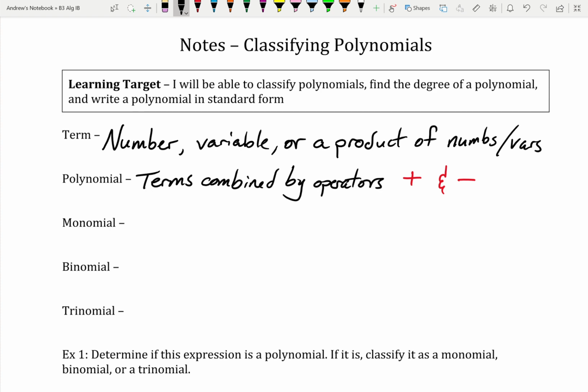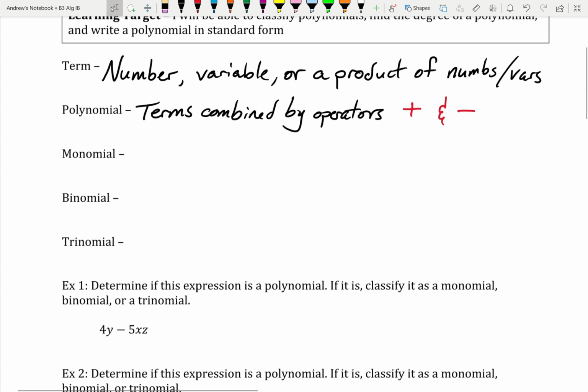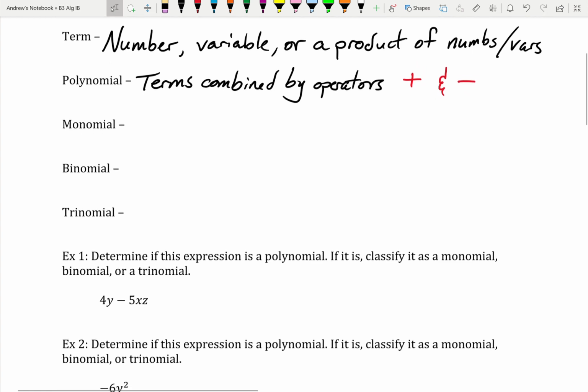We've also got a couple different names that we might call these things. All of the things we're going to talk about down here are different types of polynomials, but we have specific names for them. It's like breeds of dogs: they're all dogs, but this one is a German Shepherd, and this one's a Border Collie.